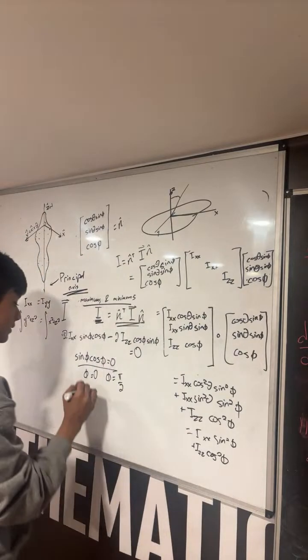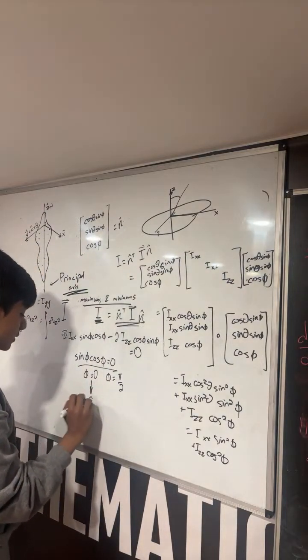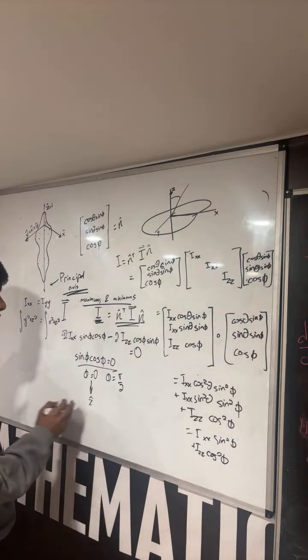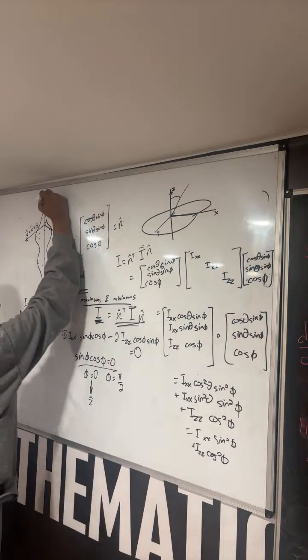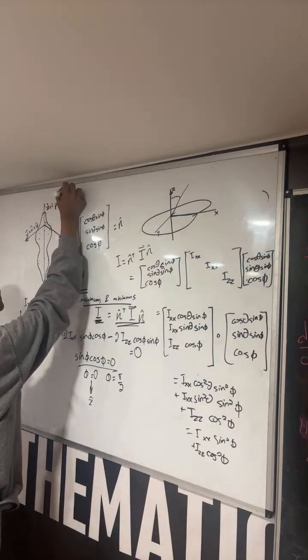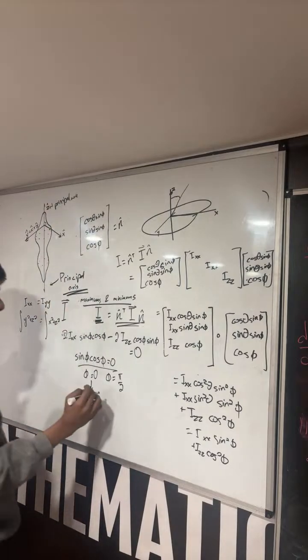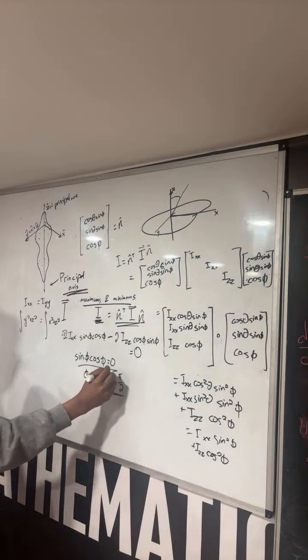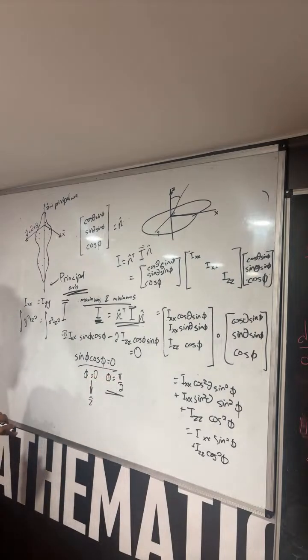This implies either a maxima or a minima of the moment of inertia on the z-axis, which makes this a principal axis, and further implies phi equals pi over 2 is where the other principal axes lie.